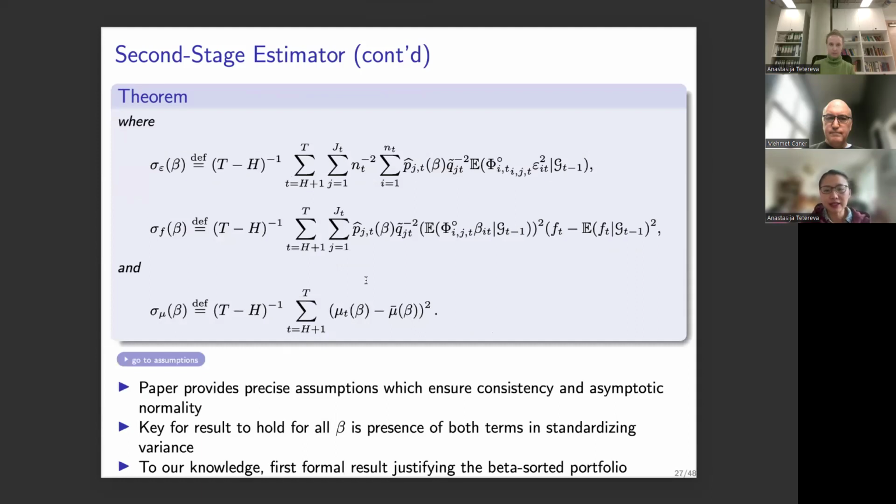We see that there are three parts in the variance estimators. This is a standard one, and then a decomposition of F_T. Sigma F is always there for CASR and PACER, and this is F_T minus the conditional mean of F_T. Then there is the overall variation of mu t around the long-run steady mean.